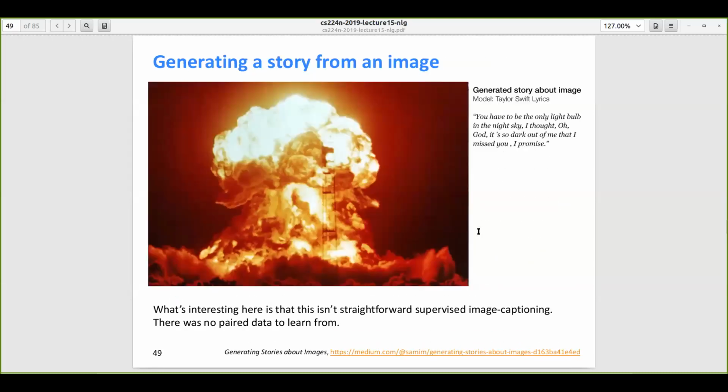I think I missed it somewhere. Yeah, so what they have done is they have used, I think it's the Coco dataset, which has images with captions. They have generated the embeddings for the captions, and then they have also used Taylor Swift lyrics with that model. And this way you can see that the text that is generated is more like the lyrics of a song or something.